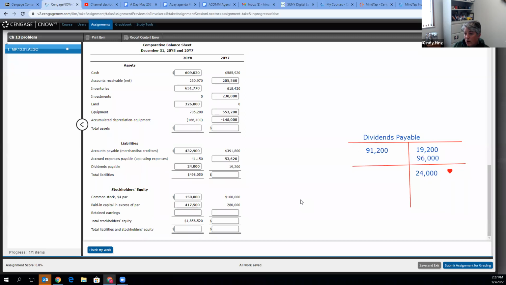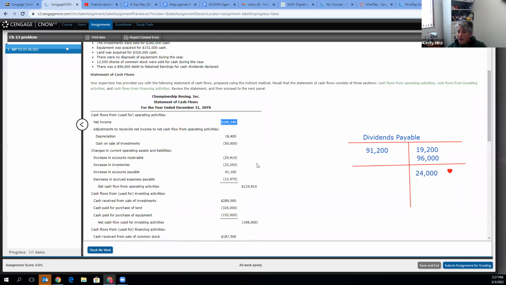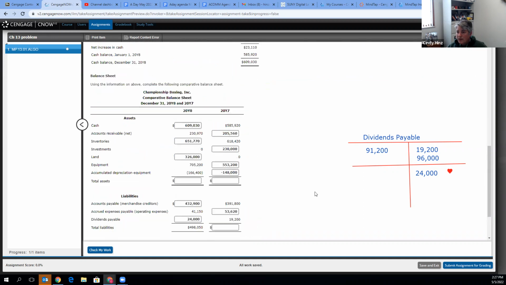So we don't yet know either of the balances in retained earnings. There's a couple different ways we can go about this. One is we could find the difference in retained earnings by taking into account the net income that we earned and then the dividends that were declared.